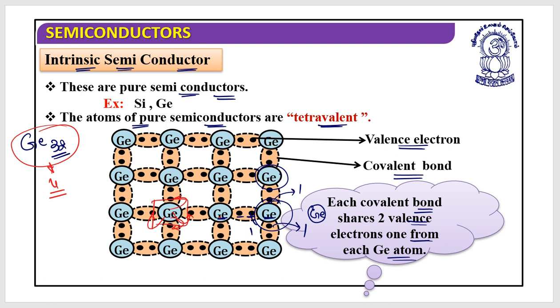When we thought of using semiconductors, what we want is that current should flow through the circuit when I want, and should not flow when I don't want. So basically a controlled flow of electrons is required from the semiconductor.